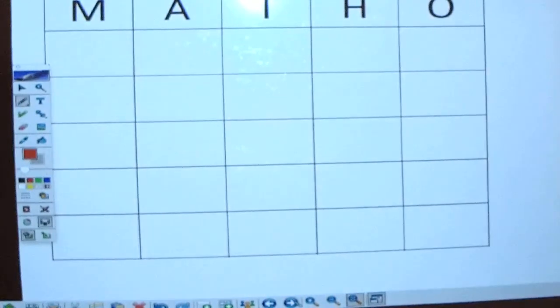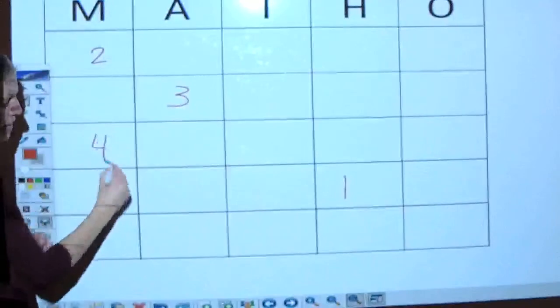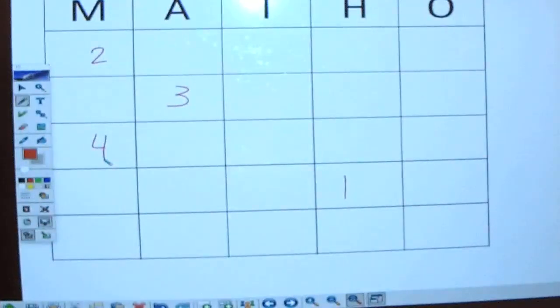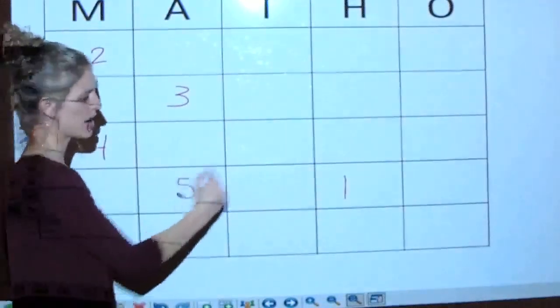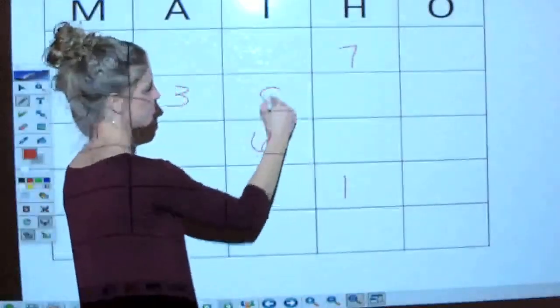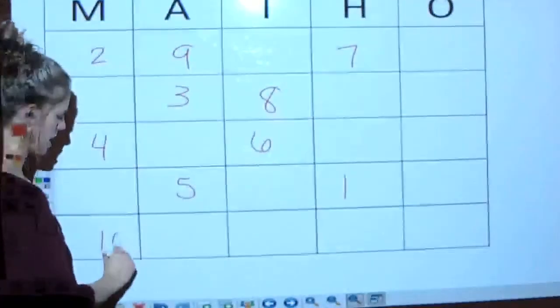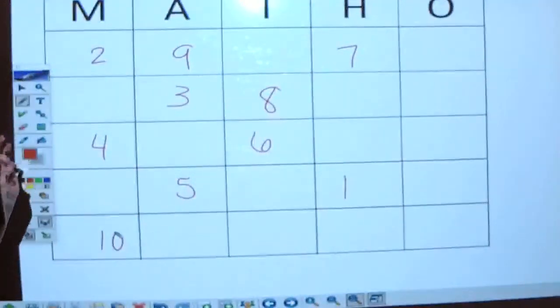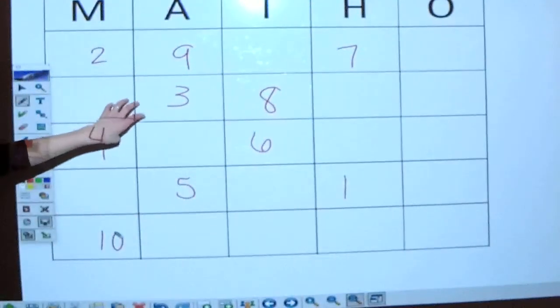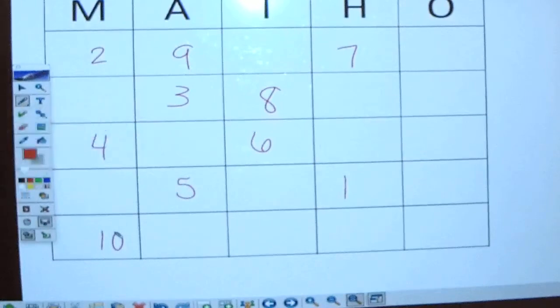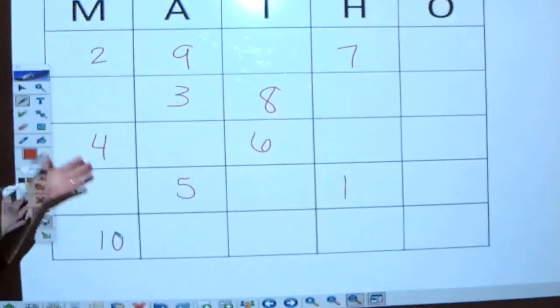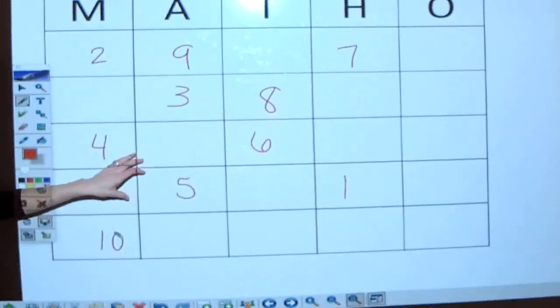Once you sit back down, I want you to number your boxes randomly, 1 through 25. There are 25 spaces, and you fill them randomly.